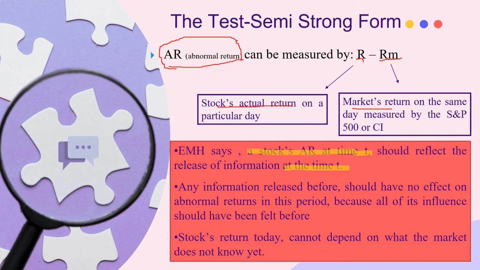But information that has not yet been released has no effect on the abnormal return in this period, because all of its influence should have been felt before.